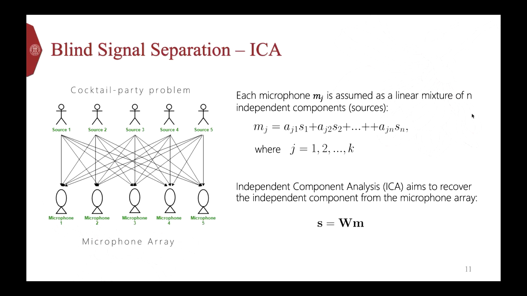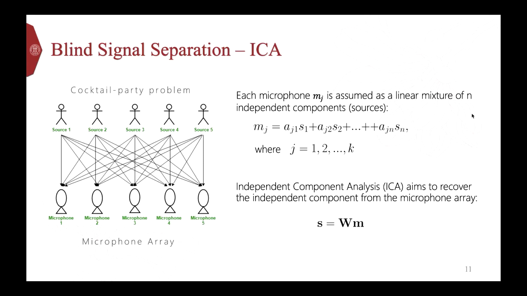So the cocktail party problem is, in this figure, there are 5 sources speaking, and there are 5 microphones recording, and due to the different positions of the microphones, the different microphones have different sound recordings of the 5 sources.